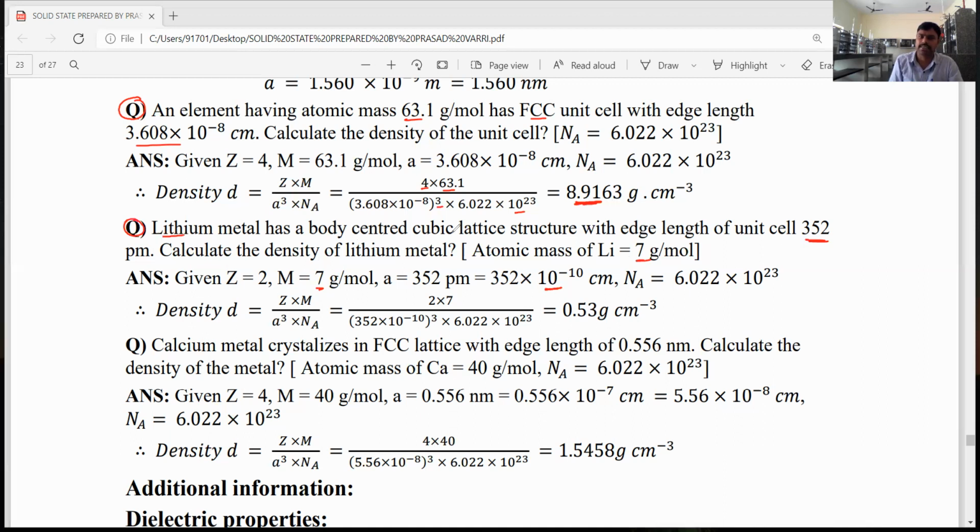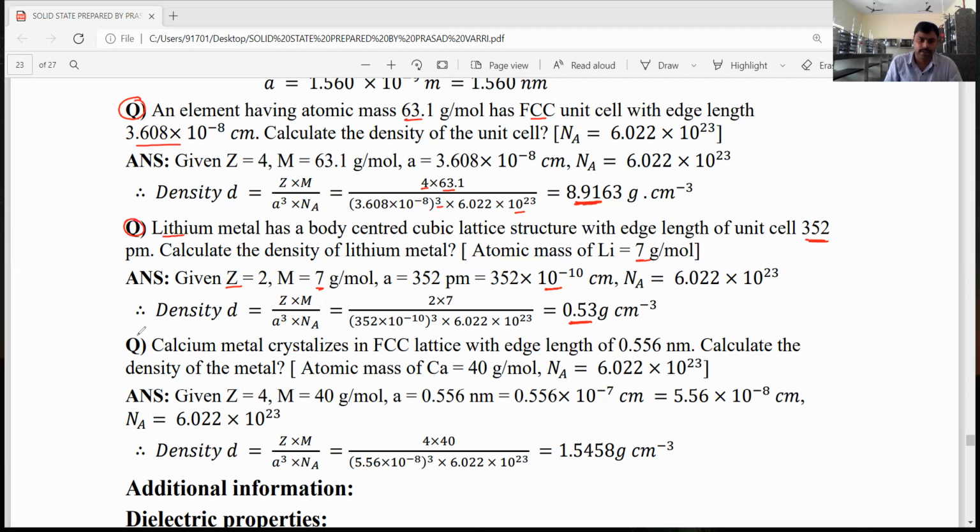BCC crystal structure has Z equal to 2. Then the density is equal to 2 into 7 divided by 352 into 10 to the power of minus 10, whole cube, into 6.02 into 10 to the power of 23. On simplification, the density will come 0.53 gram per centimeter cube.